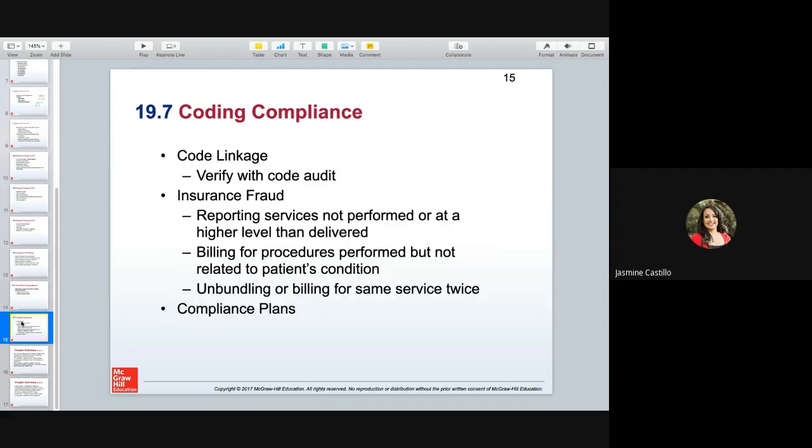So you go to interview and they say, oh, you used to work for Dr. Smith. We heard he committed insurance fraud. Were you involved in that? Did you have any involvement in that? You just don't want to be in that situation.